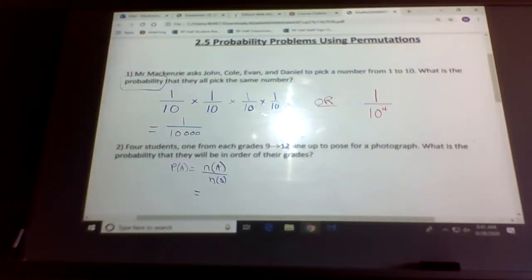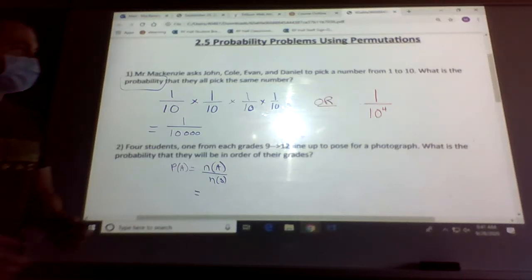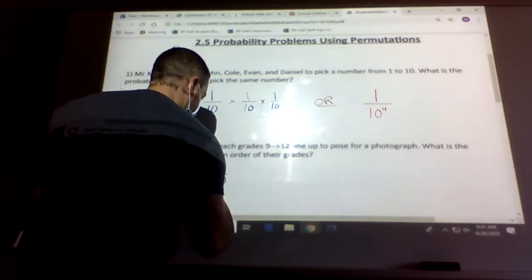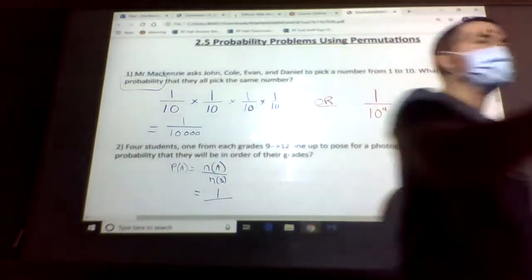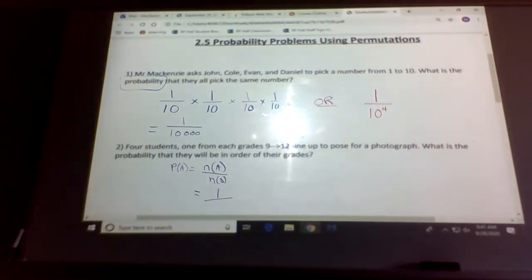Just one way. There's only one way they can be in order, and that's if they're in order. So we only have one possible way, and that's 9, 10, 11, 12.